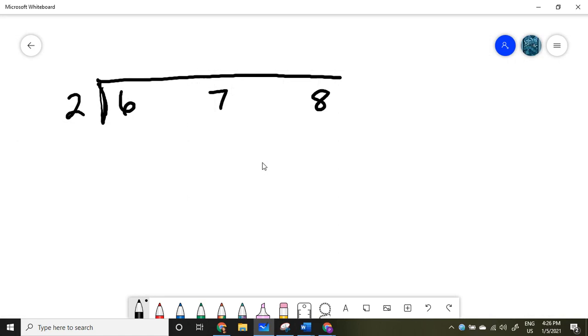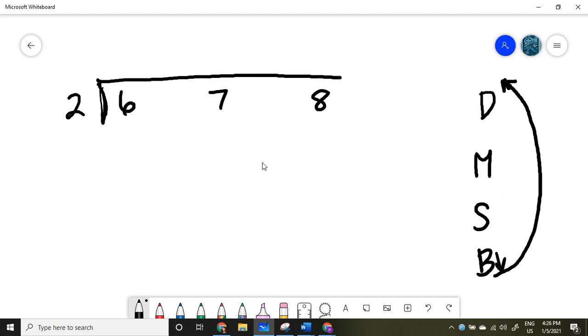What are my steps for dividing? First, I divide, then I multiply, then I subtract, and then I bring down or I bring over my next digit. And then I start over again.